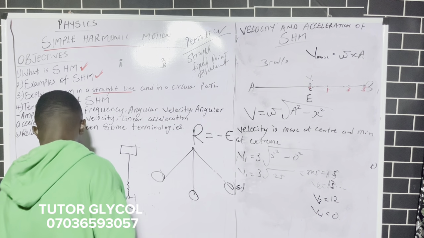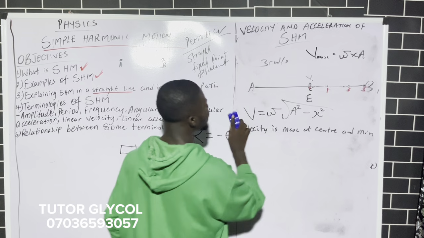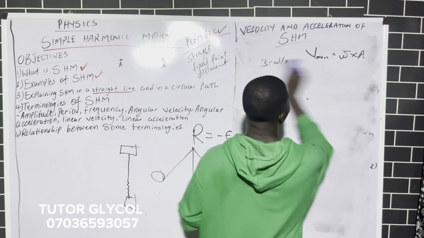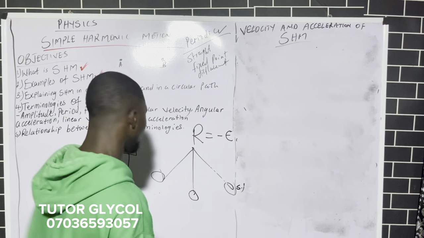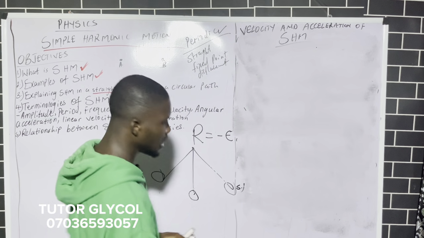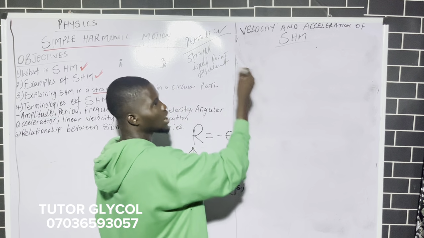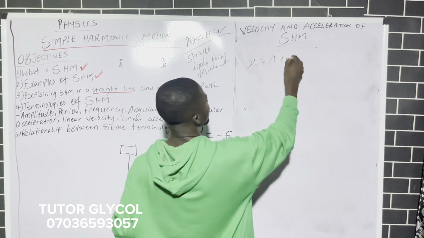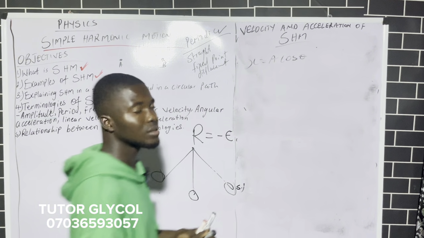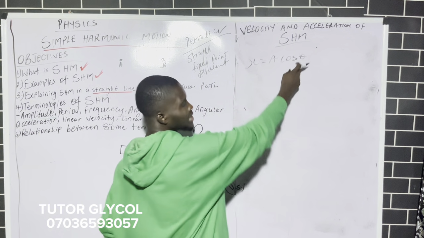Now for acceleration. Like I said, you don't need the derivation. The way they derive acceleration is from differentiation in mathematics, and I don't think everybody watching this video knows differentiation, but that's how they got it. From the illustration I gave, the first formula I gave, x is equal to A cos θ, and I said you should take note of it. Remember θ is ωt.